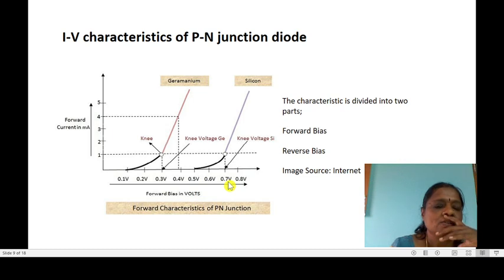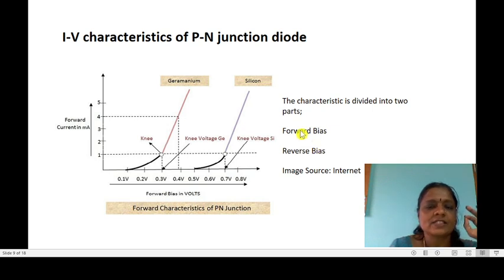The important thing to remember whenever you are studying the IV characteristics is that there are two types: forward bias and reverse bias.